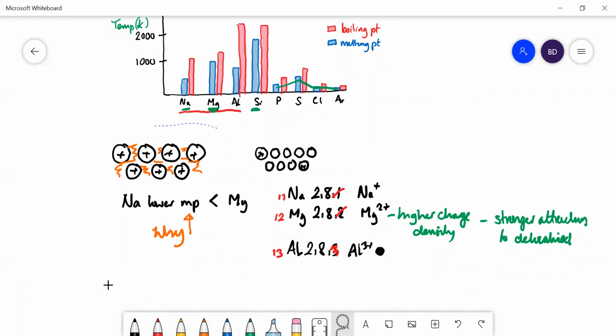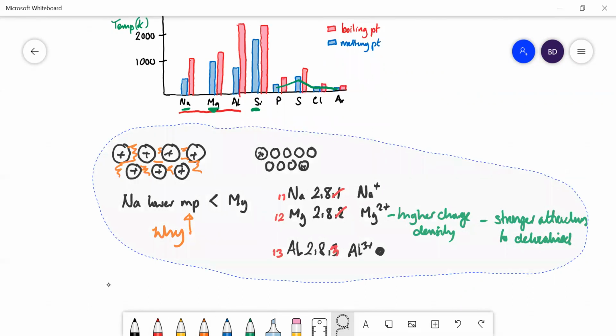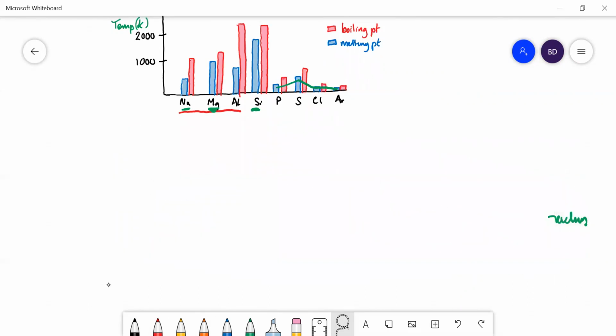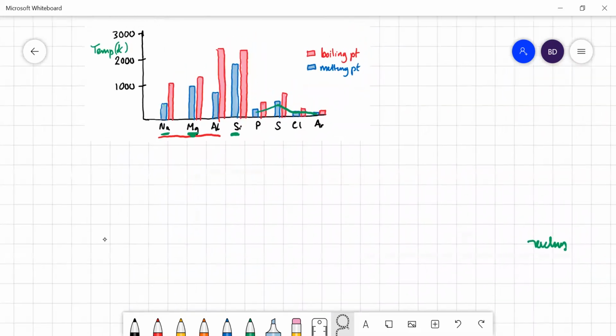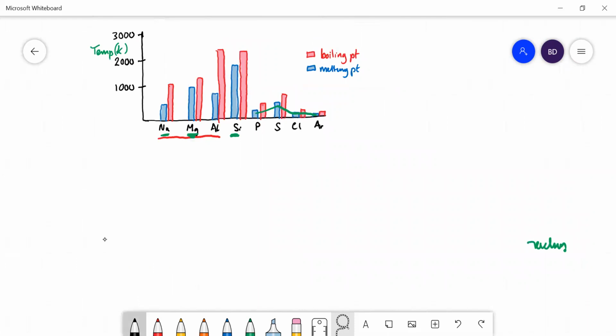Right, let's say a few words about silicon. You can see it has a melting point of about 1800 Kelvin. It's pretty high because the silicon atoms are arranged in tetrahedra.